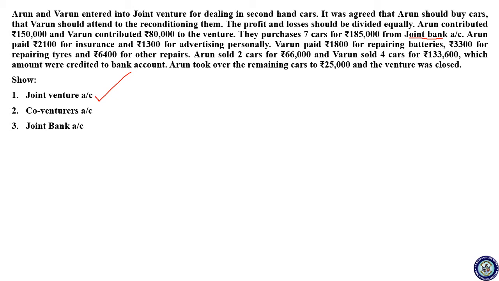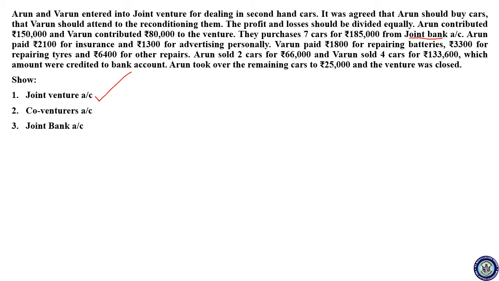Now, what is the business of Arun and Varun? To sell cars. So car purchasing itself is the material. Listen, if you want to manufacture something, you have to purchase material, right? If you are manufacturing coffee powder, the coffee you buy is the raw material.